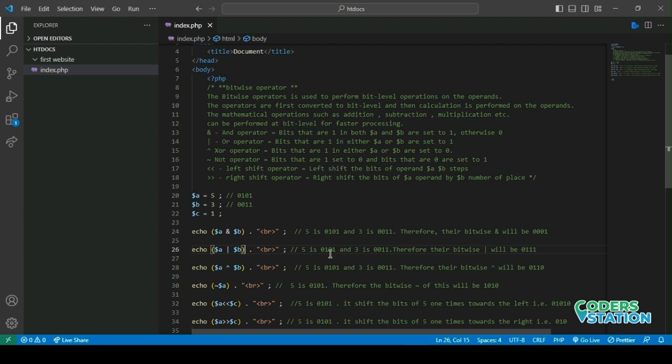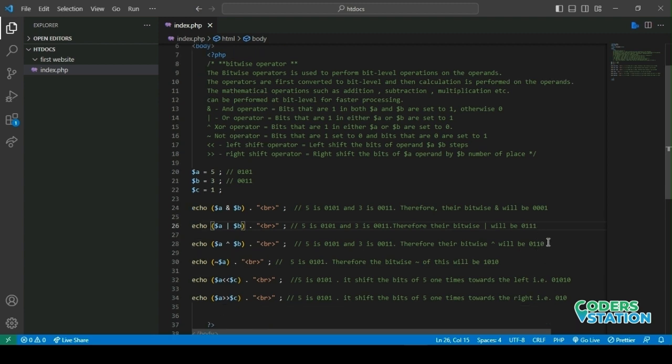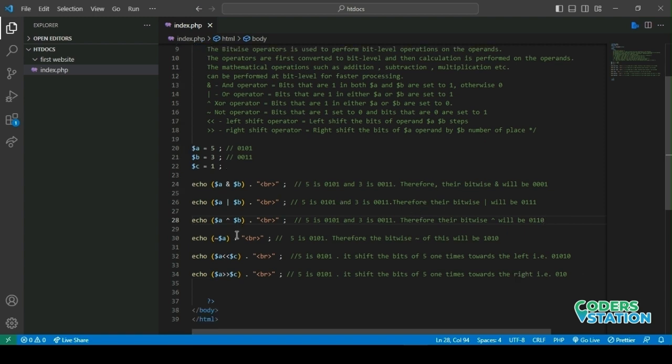Similarly for OR, and 3 is this, therefore the bitwise result will be this, because if any of the values is 1, then it sets to 1. Similarly for XOR. And now NOT, it inverts the values, that is, if it's 1, then it will give 0, if it's 0, then it will give 1.